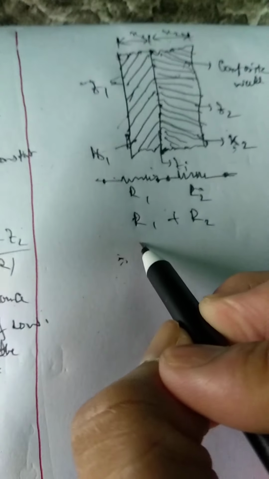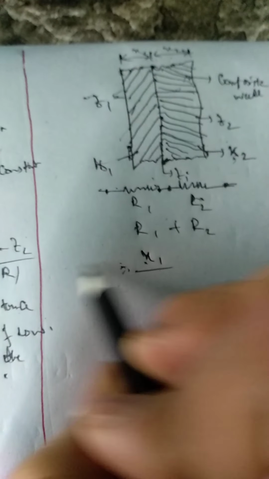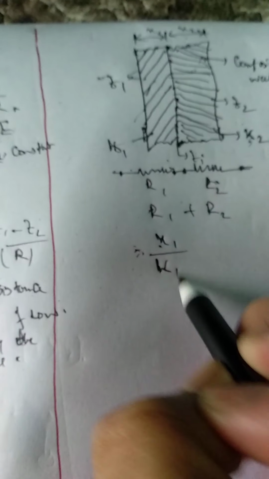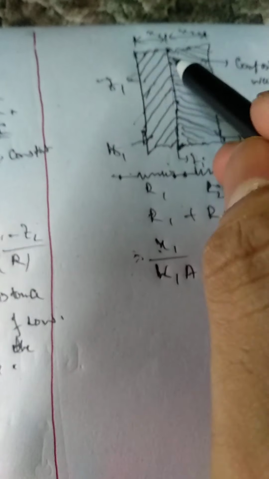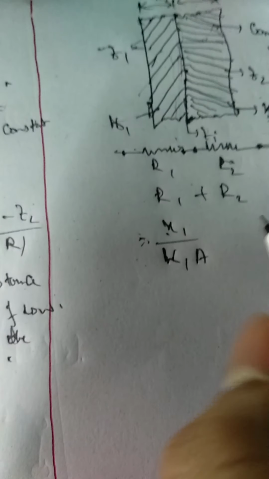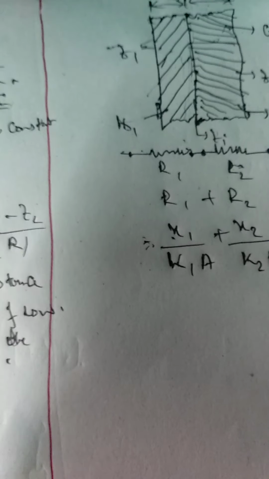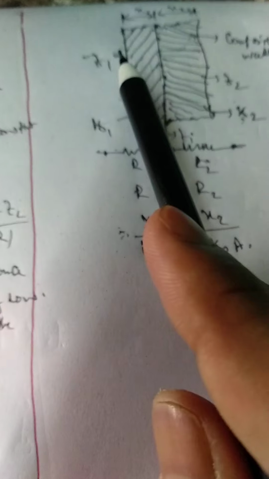Because you know what the thermal resistance is, the combination of thermal resistance will be x1 by K1 into A. The area of cross section will be equal for the two walls, as you can see, because they are joined back to back. So this is the total thermal resistance offered by this composite wall made up of two materials.